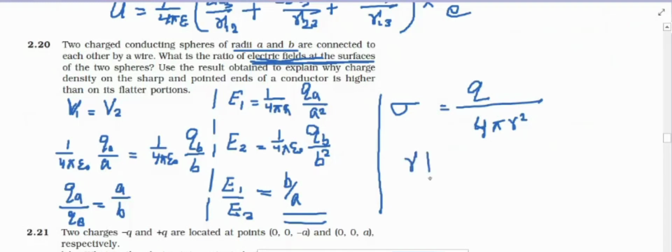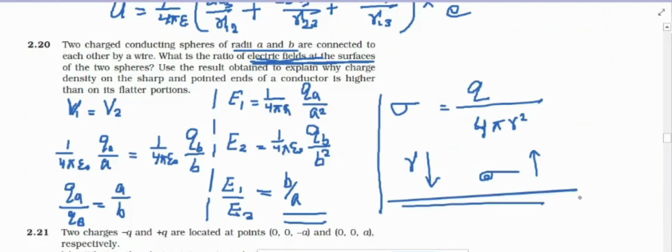That is what we have applied in the case of lightning conductors. You can see a lot of pointed ends in lightning conductors. The purpose of the pointed end is that we can have very high charge densities there.